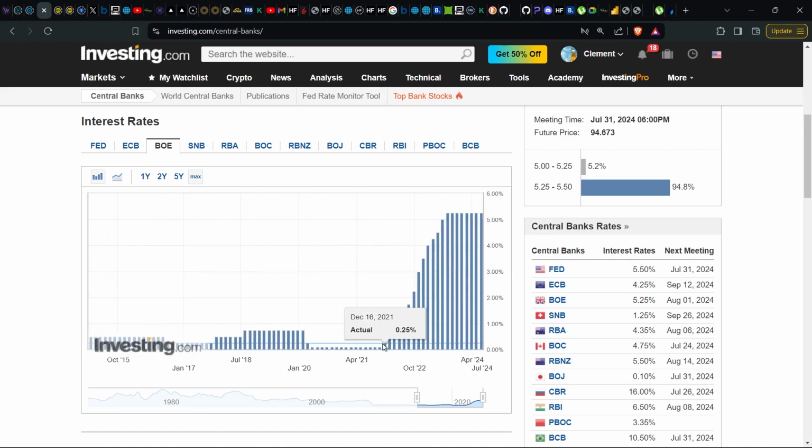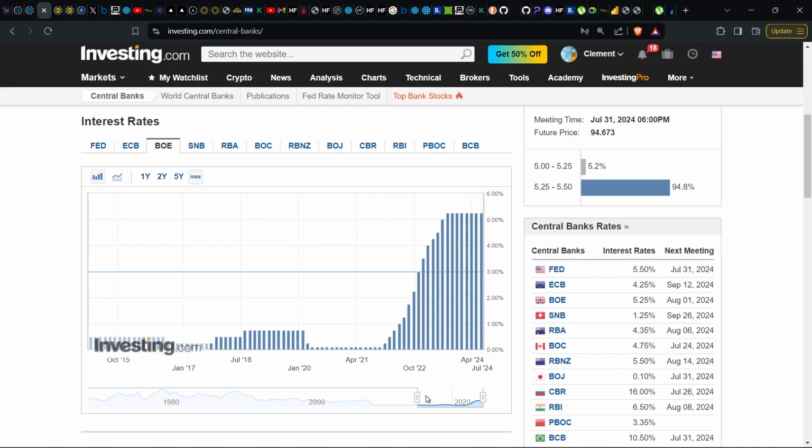They started raising rates. These guys actually started in 2021, after the rate being so low for quite some time. In 2021, they started hiking rates, and you can see this rate hike cycle has been a very aggressive one, not just by one central bank.